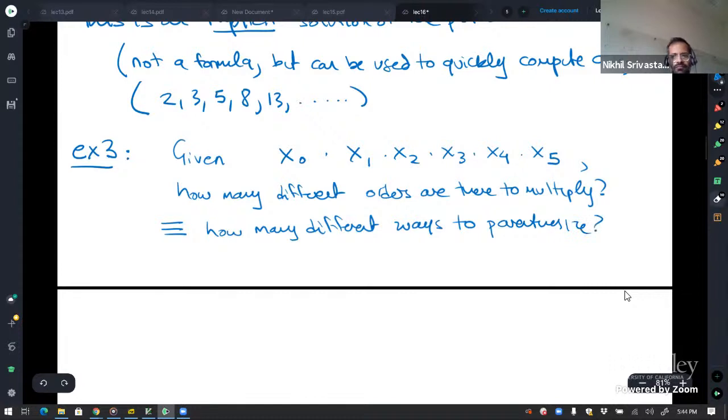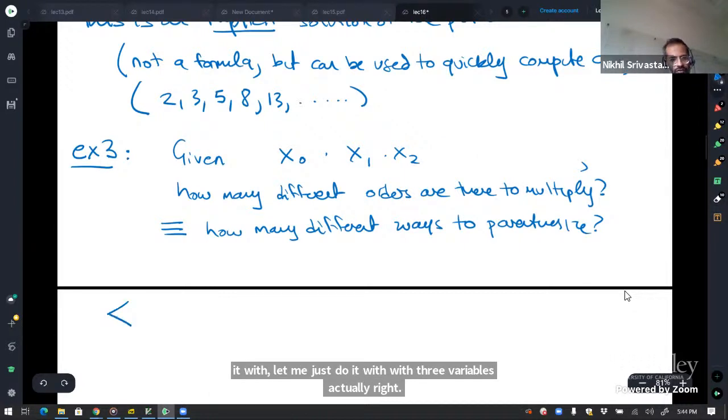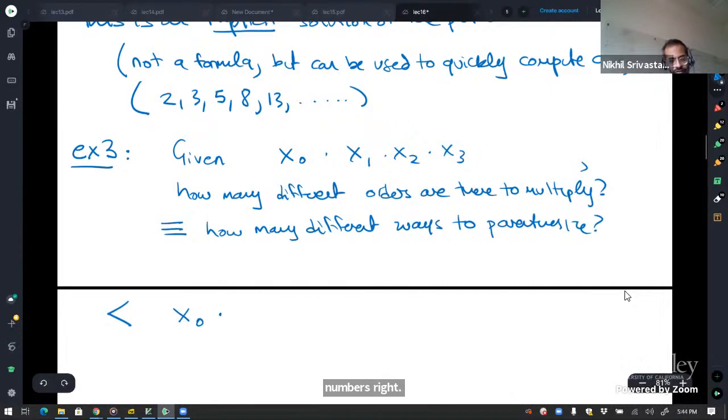So actually, maybe for simplicity, let me just do it with 3 variables, actually, right? So what do I mean by ways to parenthesize? Well, okay, it's more interesting if you do 4 variables. So I have to multiply out these 4 numbers, right? So I could first multiply the first 2.